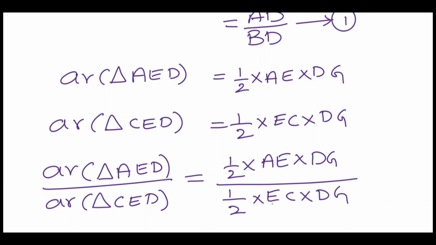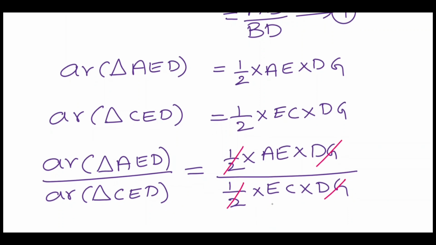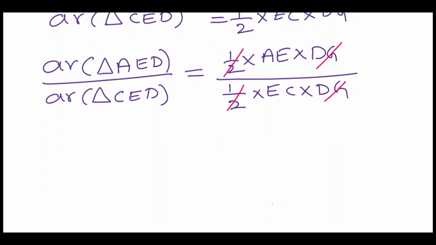Here also we can cancel 1 by 2, 1 by 2, and DG. So we get AE by EC. This is the second equation.